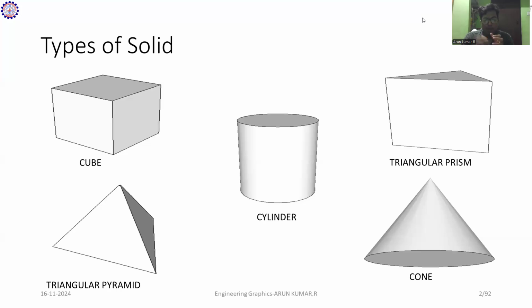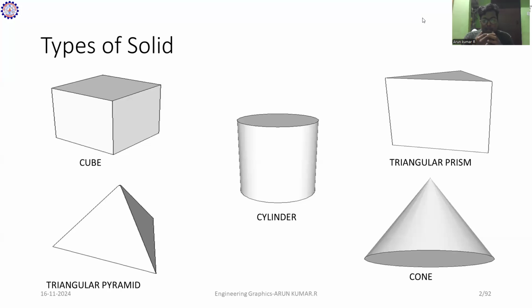But that is not the case for a pyramid and cone. If you take a triangular pyramid, the bottom side is a triangle, and when you look at the top view, it ends in a sharp edge. Similar cases are there in the cone also. The cone is circular, but when you look at the top view, there is a sharp edge there.